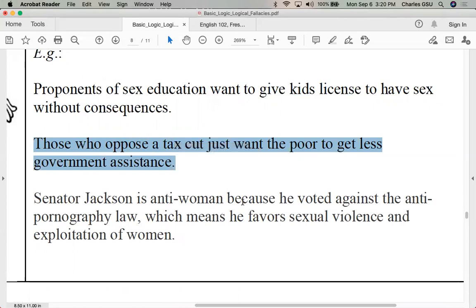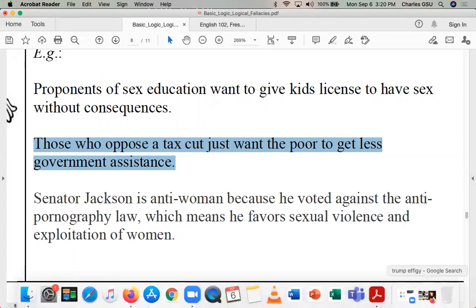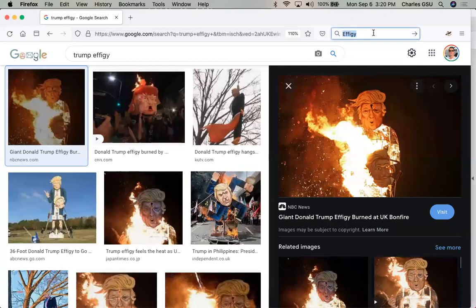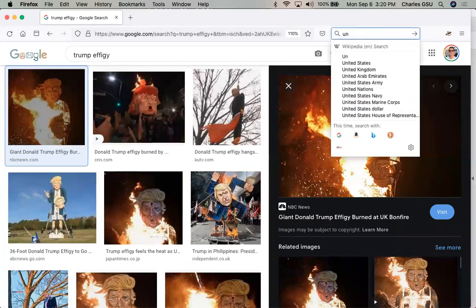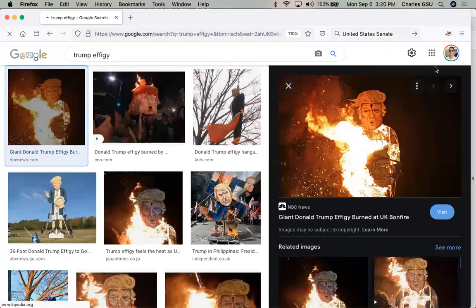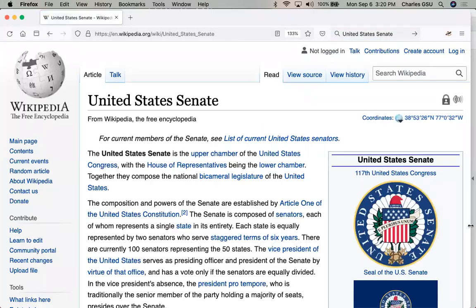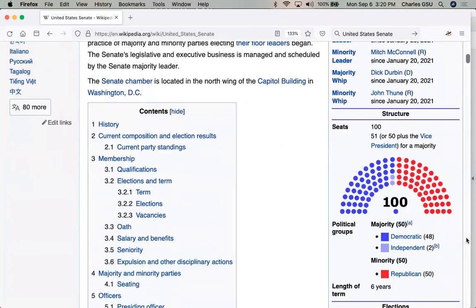So let's think about this for a second. Generally speaking, I'll put the Senate back up here, and notice as I'm saying this, I'm qualifying my argument by saying, generally, not all.